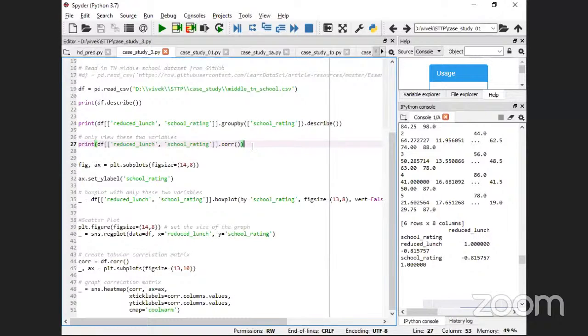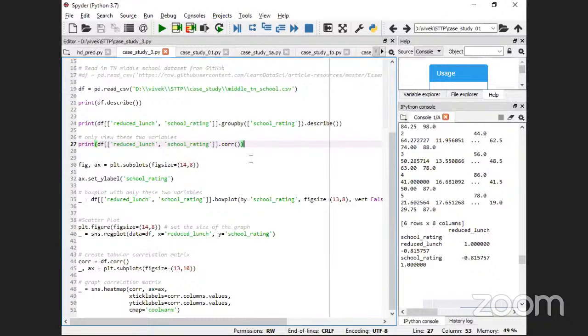The value 1 we can say is positive correlation, and when it moves away from 1 toward negative values, we can say it is negative correlation. When there is an increase in school rating, the reduced lunch gets decreased, or when the reduced lunch increases, the school rating gets decreased, the negative effect. So that is a negative correlation.